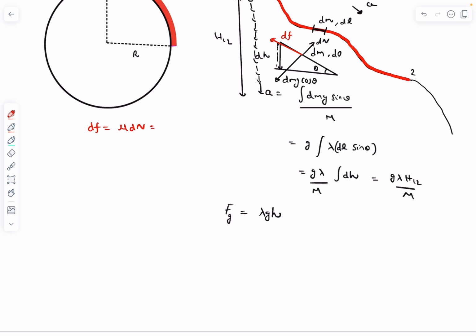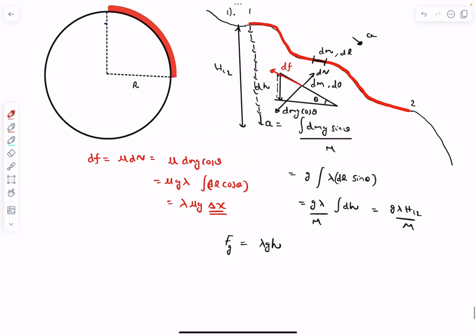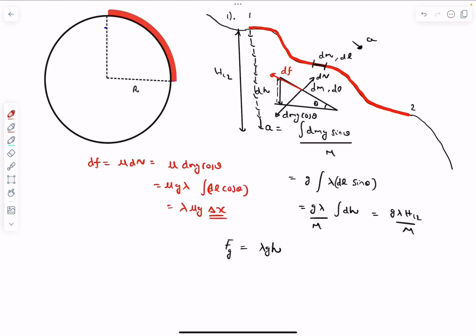The normal reaction is dmg cos theta, and similarly for dm you can write lambda times dl, and the integral becomes the integration of dl cos theta. Similar to what we did earlier, the integration of dl cos theta is going to be the horizontal difference between points 1 and 2. So this is going to be lambda mu g delta x. This is the total friction force acting on the rope.